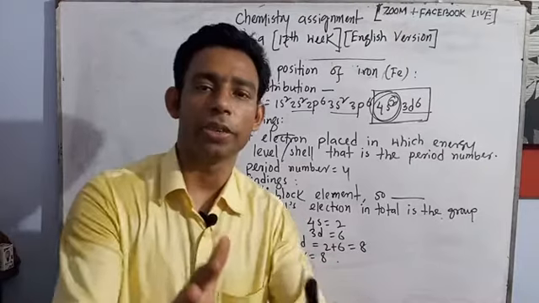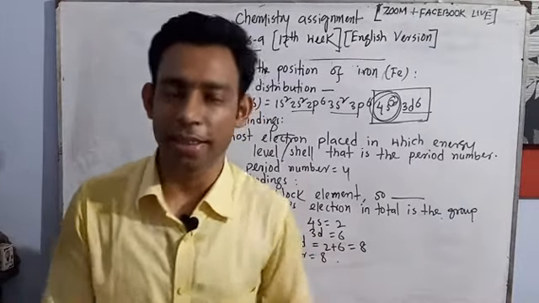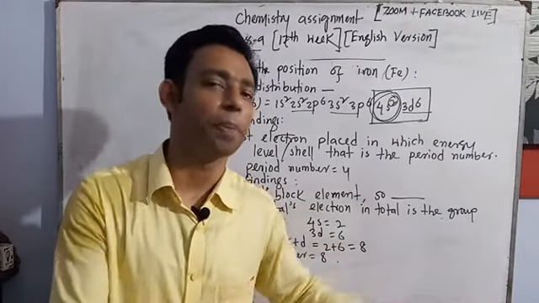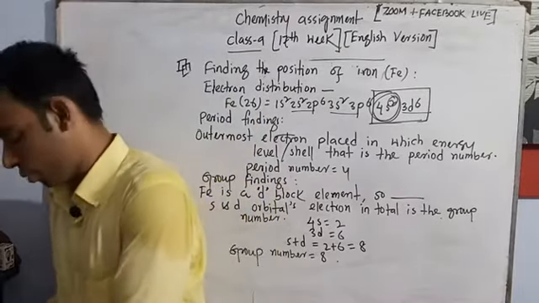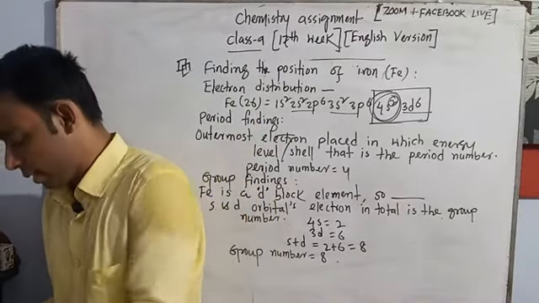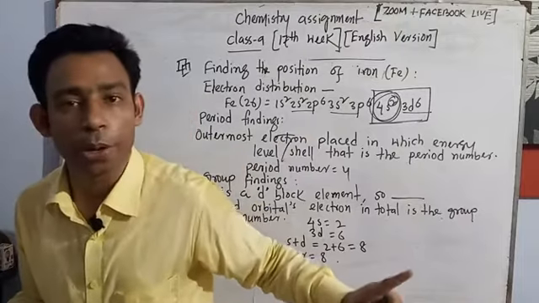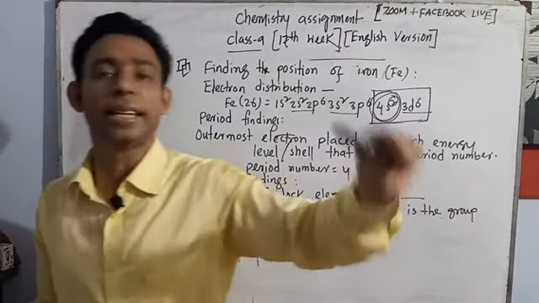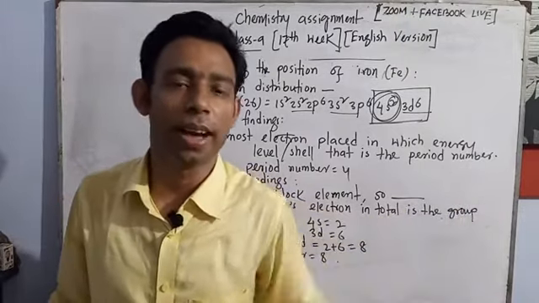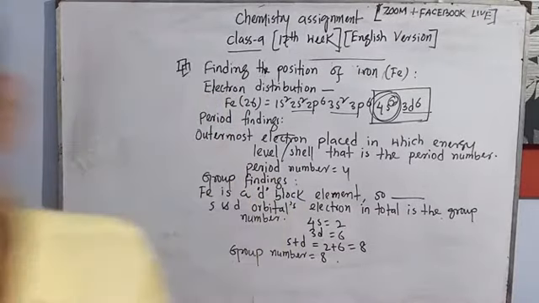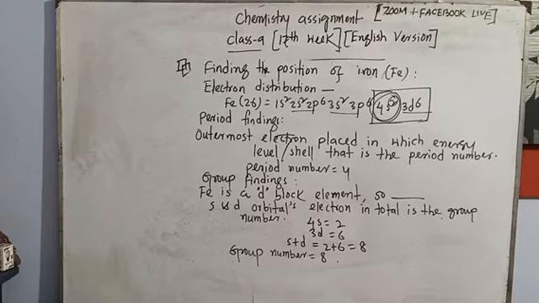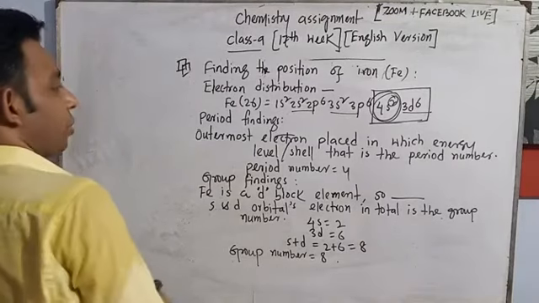And many of the students stop here. Yes, maybe the assignment is complete. Really, the assignment is complete, but please check, in the case of the periodic table, finding the iron position in the periodic table. Dear student, it is not yet completed; something has to be shown to make sure of the position.